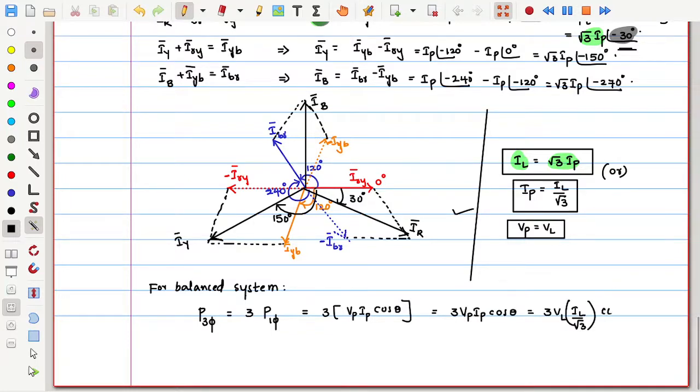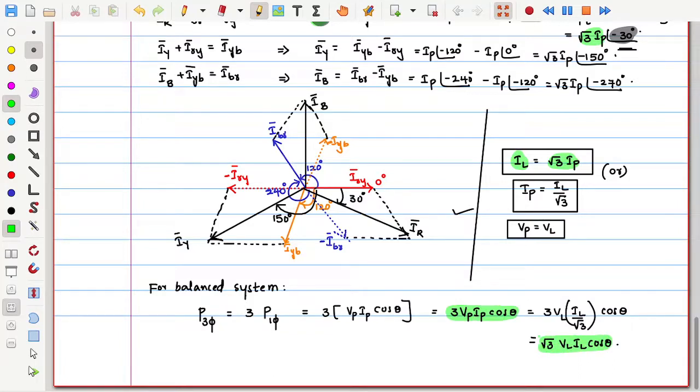So, into cos theta, this 3 phase power can be represented as 3 into 1 over root 3, giving root 3 VL IL cos theta. This is a very important expression. The 3 phase power can be written as 3 times the phase quantities or root 3 times the line quantities.